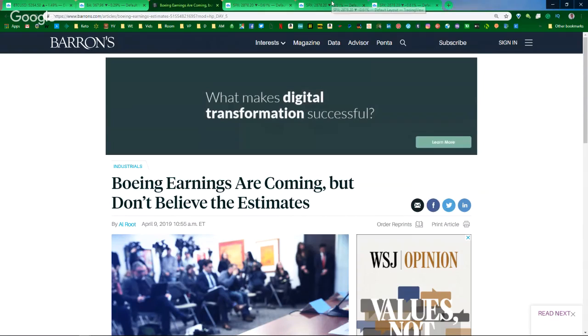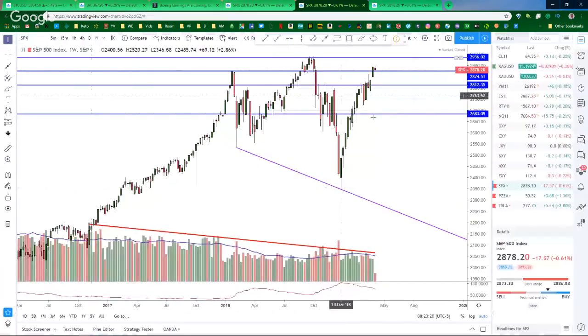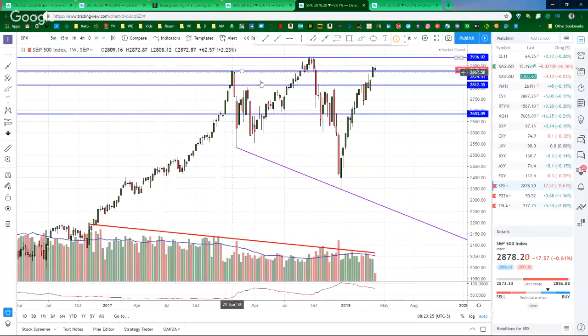But as you guys know, I like to go back to the weekly chart and put in support and resistance levels. And really, these lines are just based on historical turning points. So anytime you see a significant turning point like this right here, that's definitely a level. Anytime you see several places where price has been rejected or price has turned, that's a level.